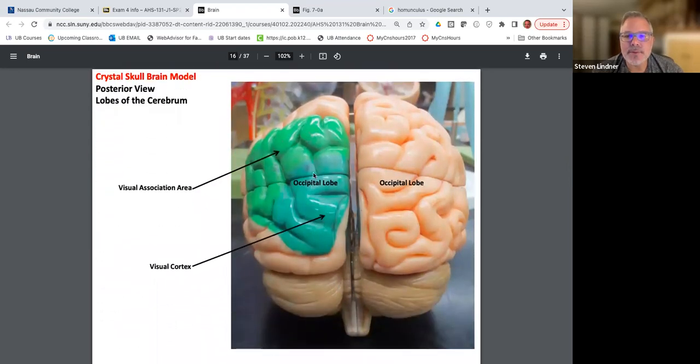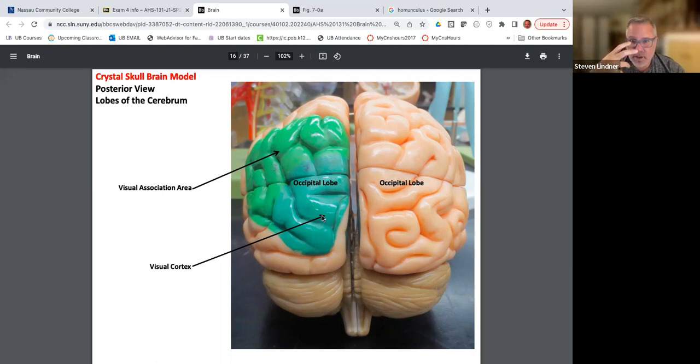On the posterior brain, this is the occipital lobe in green. Right here is the visual cortex. We said the occipital lobe is for vision. So the visual cortex is here, and just above it is the visual association area. So I'll give you an idea. Down the road, 5 years from now, you see me walking towards you. Now your eyes and the receptors of the eyes can visually see me, right?